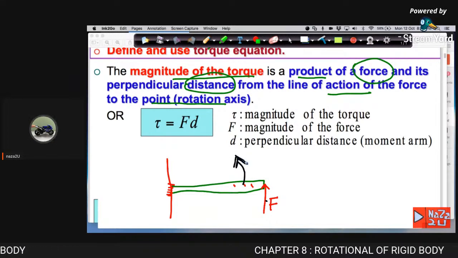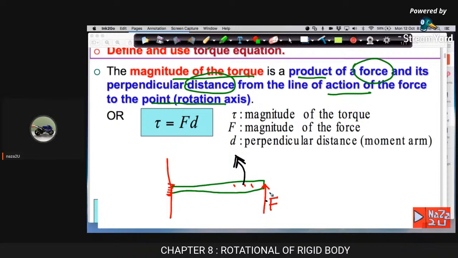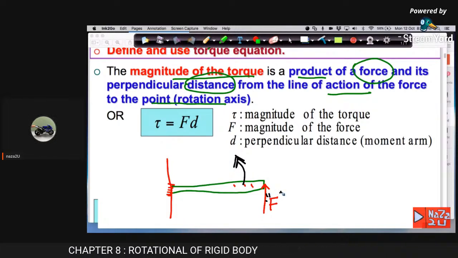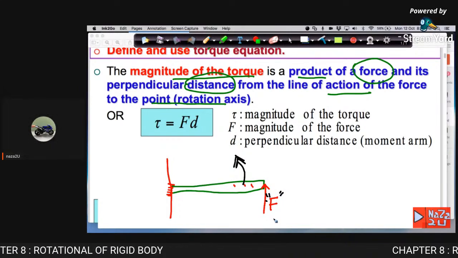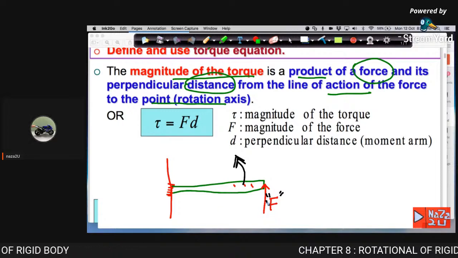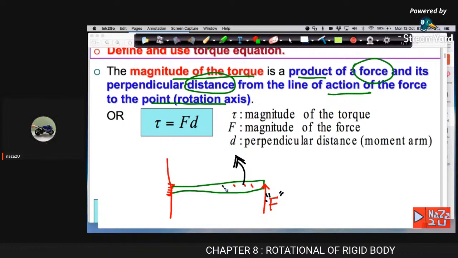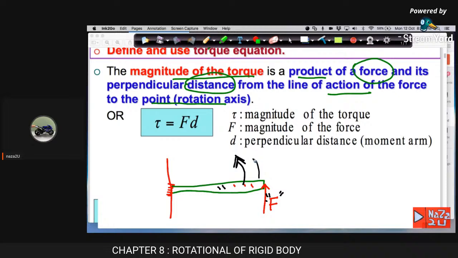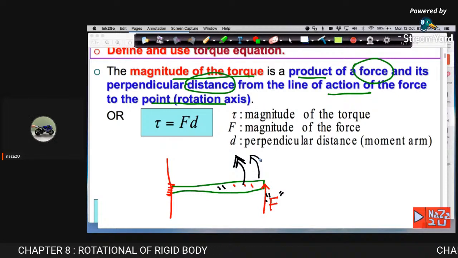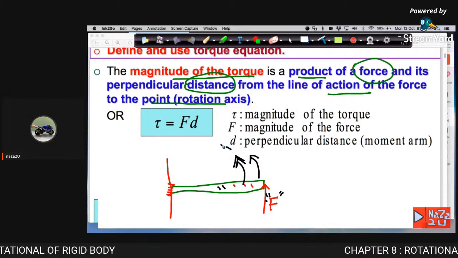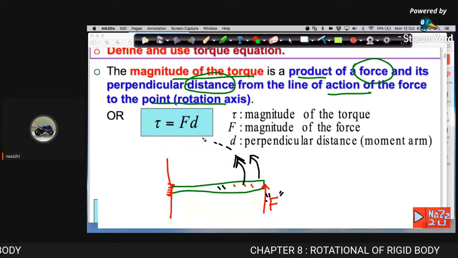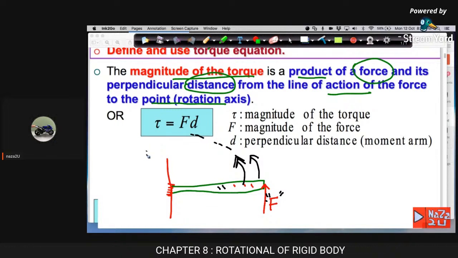Objek itu akan bergerak disebabkan oleh external force F. So pergerakan jasad ini adalah pergerakan rotation. Kalau kita teruskan pergerakan ini, dia akan berpusing.